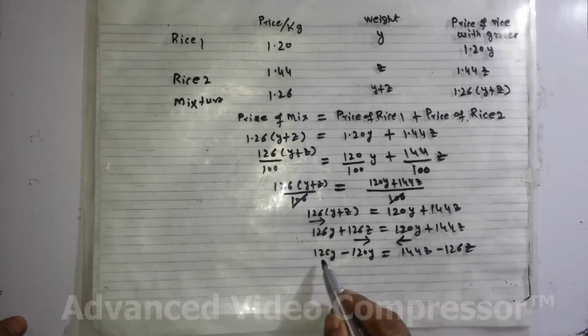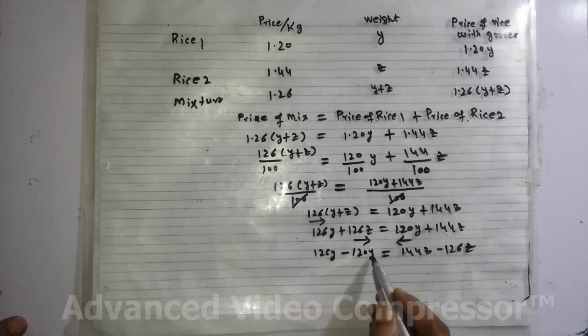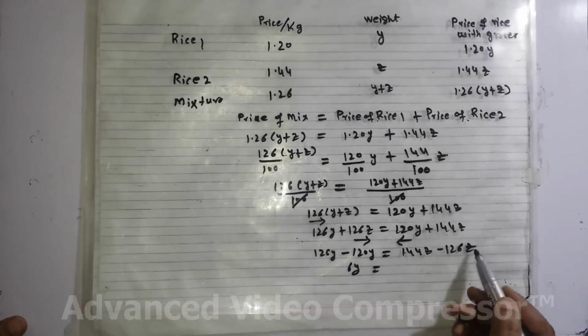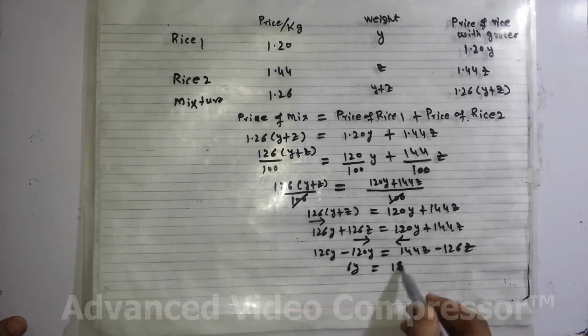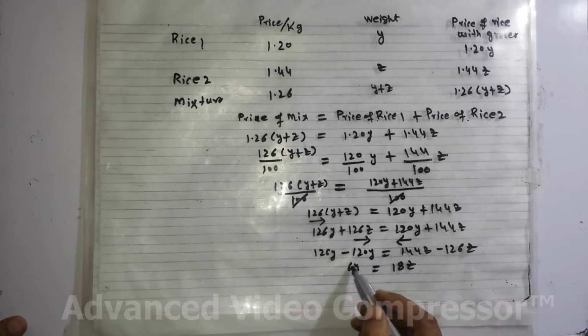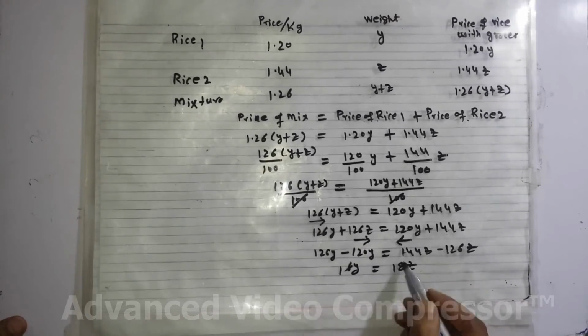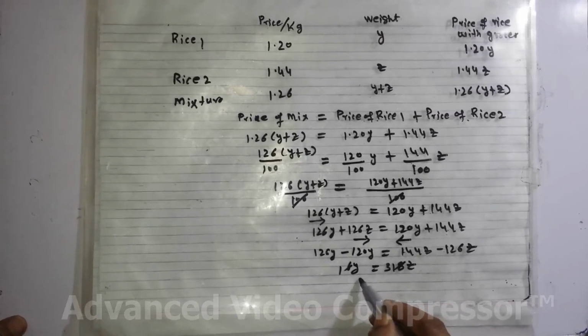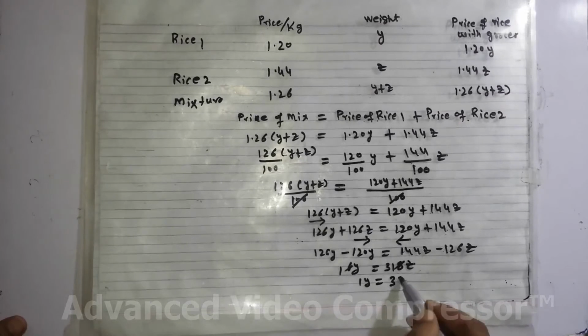Now 126y minus 120y, we get 6y here. Here 144z minus 126z, we get 18z. So we can cancel: 6 ones are 6, and 6 threes are 18. So we get 1y equal to 3z.